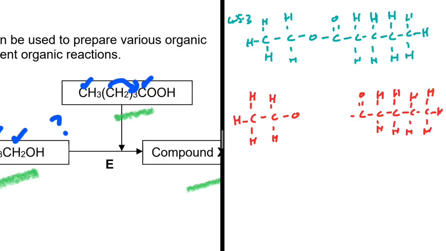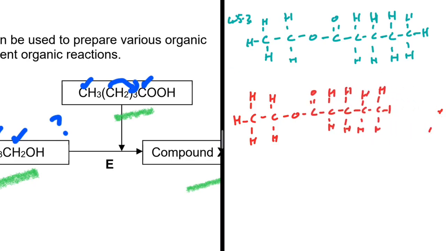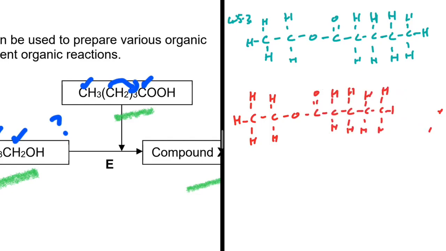That is why our product ends up looking like this. So there we go. I hope you can see where it is coming from. The alcohol loses a hydrogen and the carboxylic acid loses an OH.